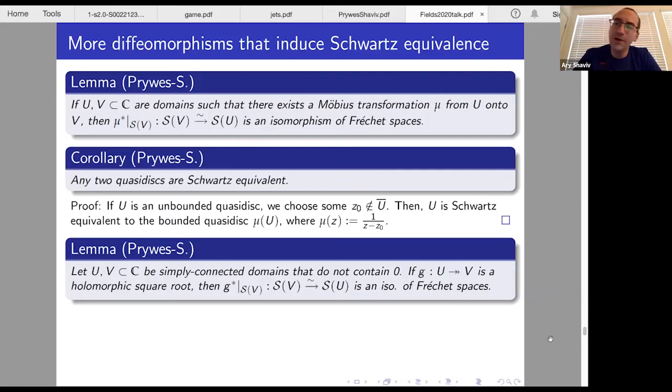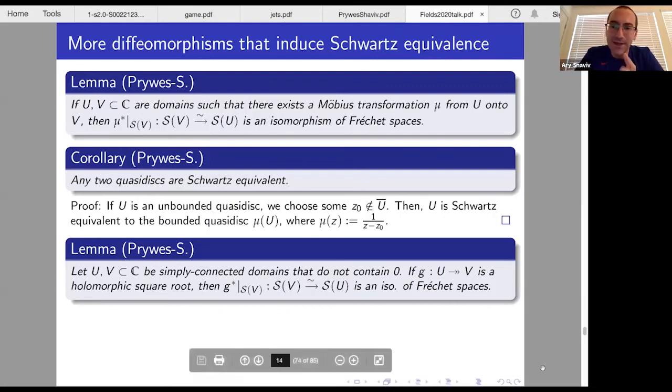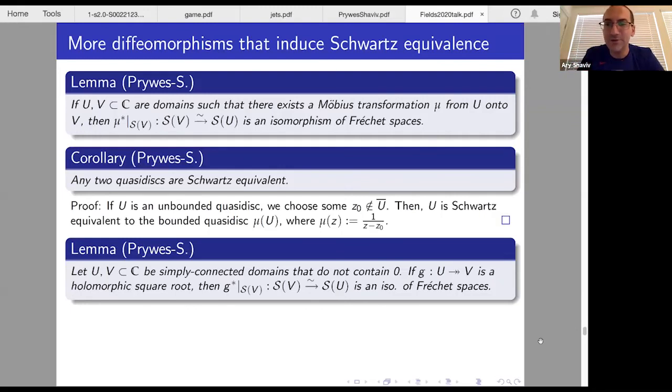You are given a formula that is definable, but it lives on a set that is very bad. Also for the second lemma, you have a square root, so it's a formula, but you don't know how the formula changes. And the quasi-disks, these U and V here, can be really bad, can be like infinite spirals and bad things.